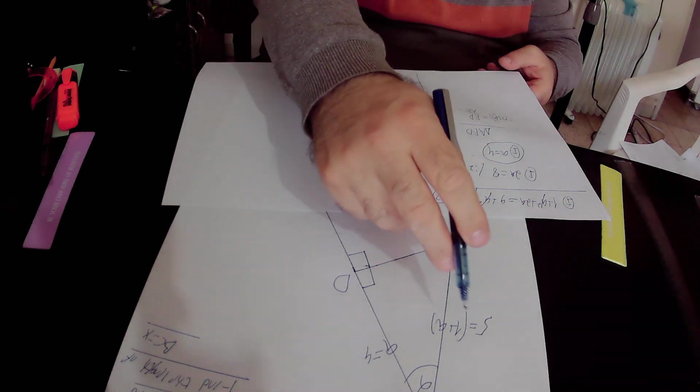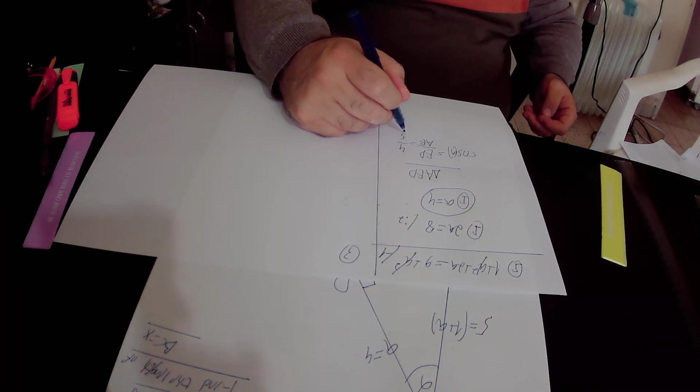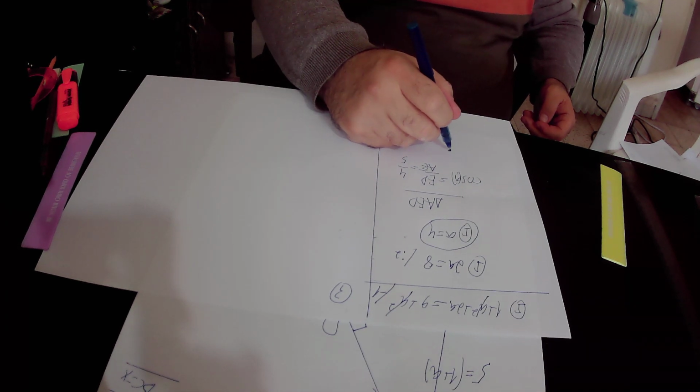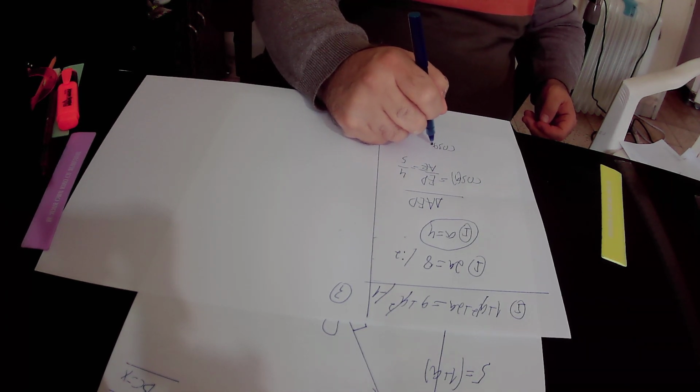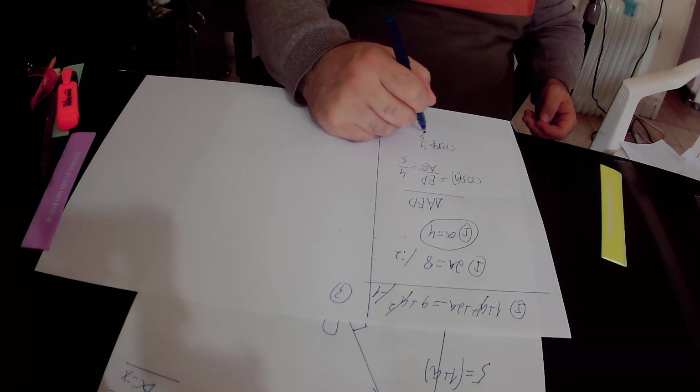Cosine alpha equals ED over AE. ED equals 4, AE equals 5. So in conclusion, we found out that cosine alpha equals 4 over 5.